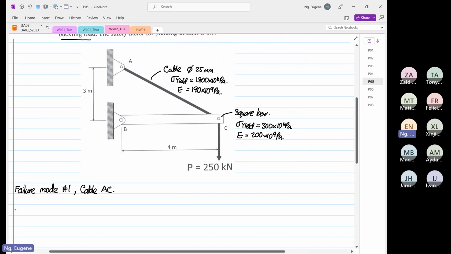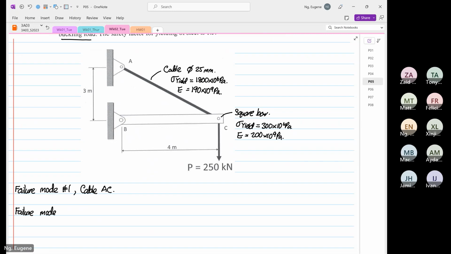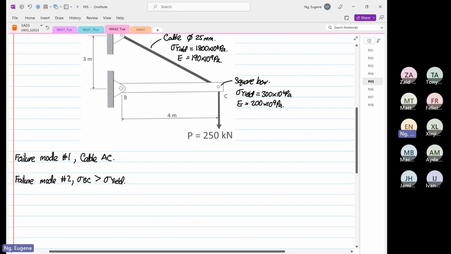Failure mode number two is where the stress in member BC is greater than the stress yield.